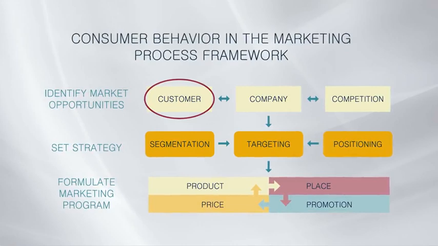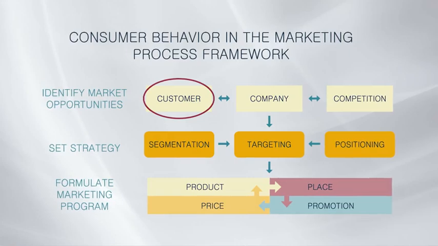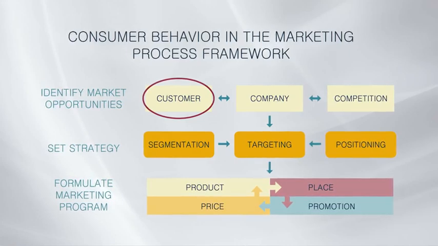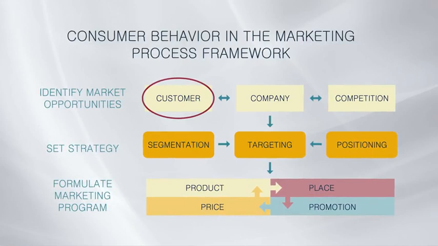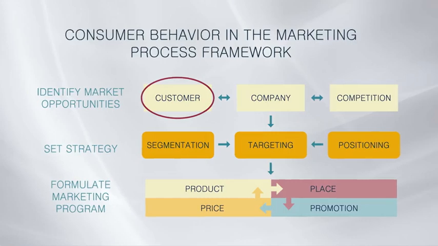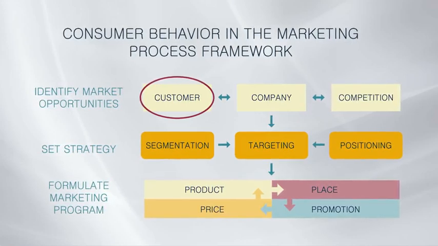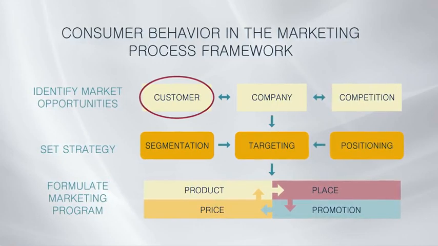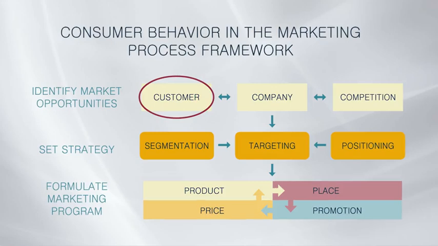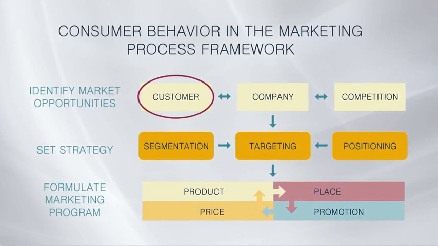In the first step, identifying marketing opportunities, consumer behavior comes in immediately, because this is where the company looks at who your customers are, what the company looks like internally, and what the competition is. Immediately afterwards, the marketing research part looks into these three aspects much more deeply.